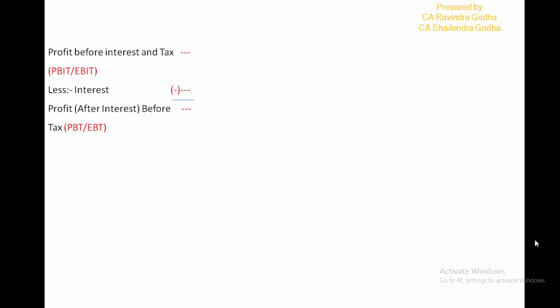So from profit before interest and tax, we deduct interest and we get profit before tax, PBT or EBT. Less tax from it, we get profit after tax, that is PAT or EAT. This is the process of calculating profit after tax.